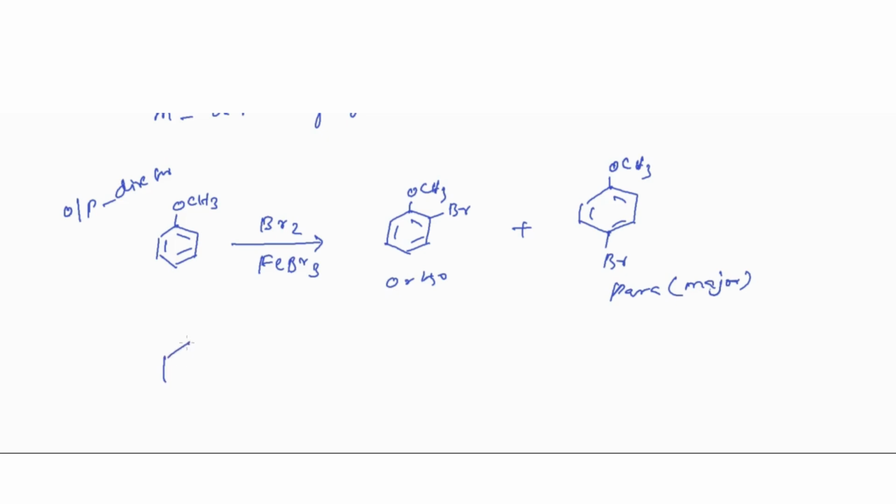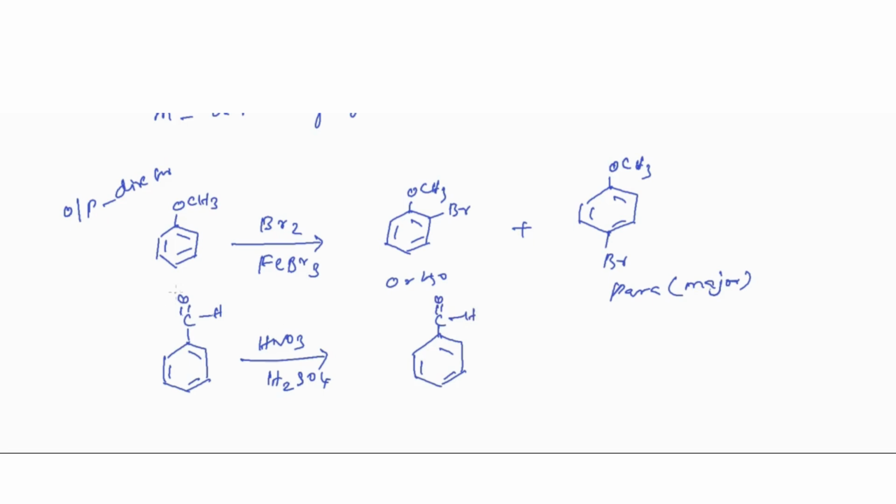Let us take one meta director, like any carbonyl compound, carboxylic acid or aldehyde, whatever it is. If you do nitration, HNO3, H2SO4, the nitro group will substitute at the meta position. Why?